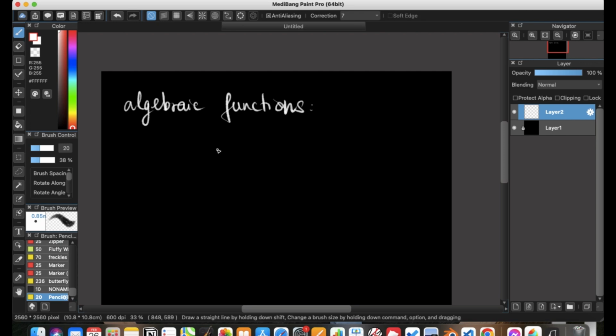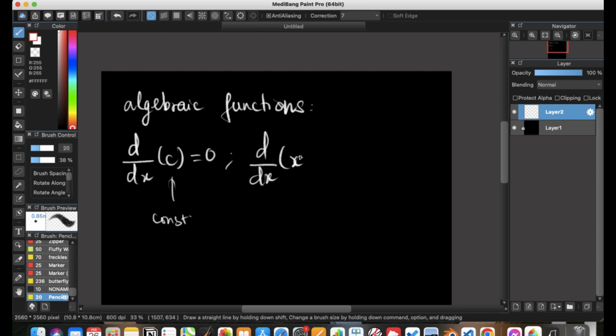So basically we have the derivative of c, where c is a constant, is equal to 0. The derivative of x to the power of n is going to be n x to the power of n minus 1.